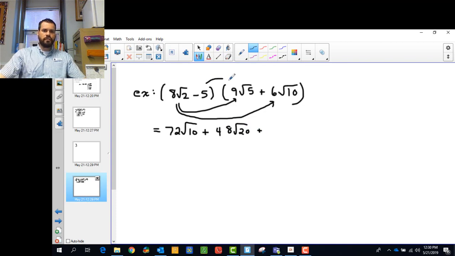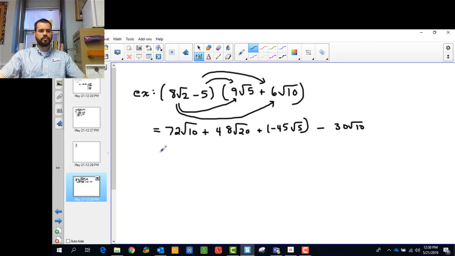Then we're going to go 5 times 9, so minus 45 root 5, and then minus 5 times 6, which is minus 30 root 10.